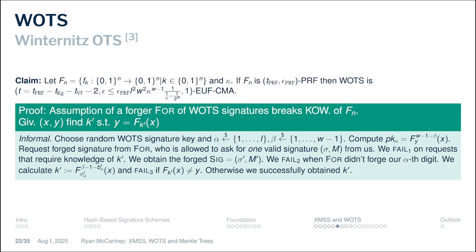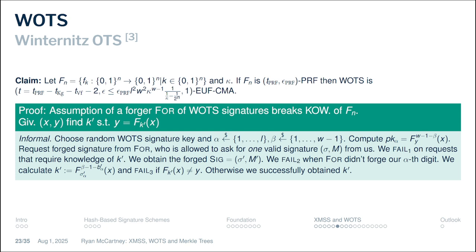And there are kappa to the power of w minus 1 many values which fulfill this equation, so the forger forges a valid signature for us.